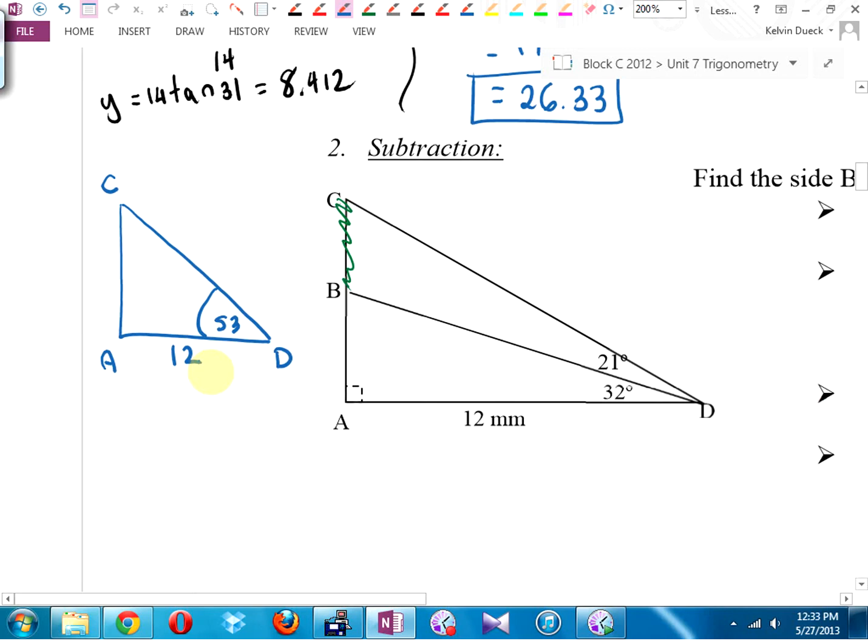So Brady, how or why does that help? So what can I find in terms of letters? I can find CA. What did you say I could find, Darian? BA. How can that help me find CB? Your hint is, look at the title of this type of question.